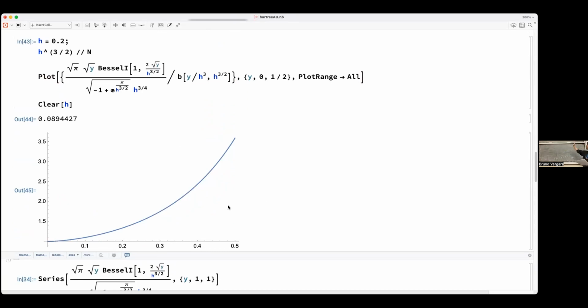Before that, if there are no more questions, let me just finish what the solution of this is, of the form... the combination of this. Actually, let me write it precisely.